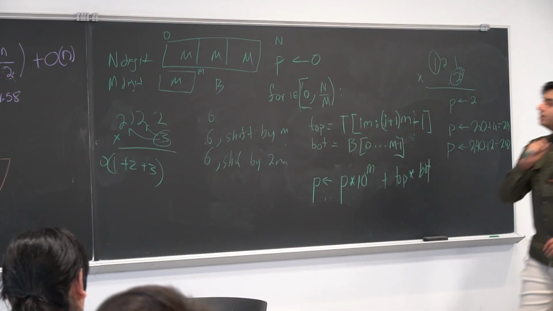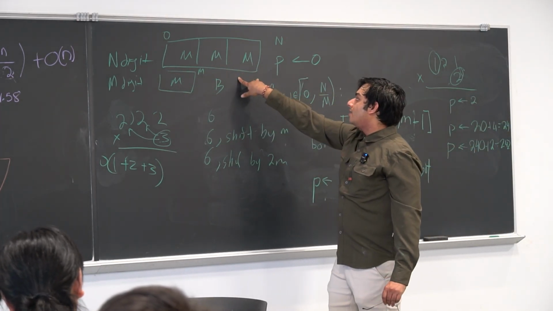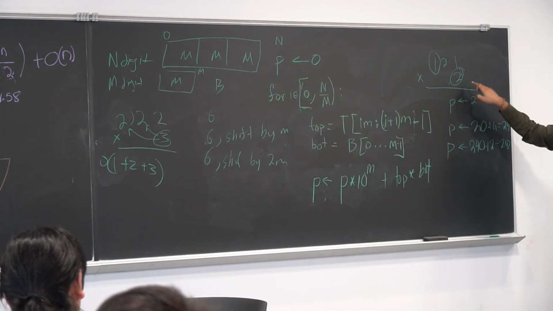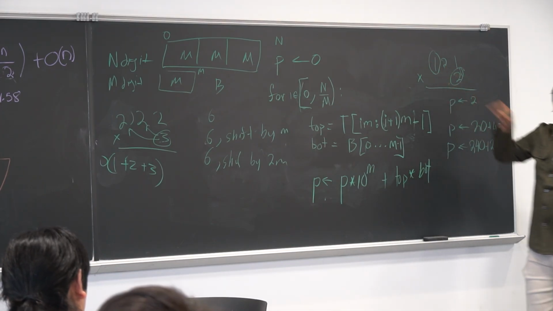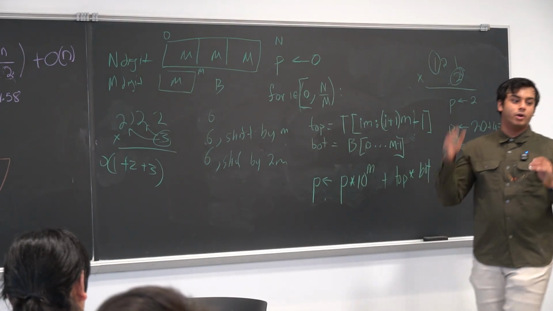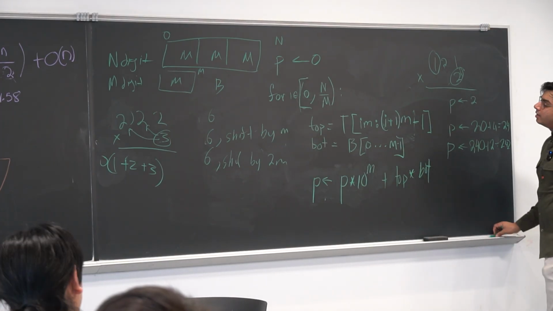If I had decided to iterate this way, then this would not get shifted, this would need to get shifted by m, and this would need to get shifted by 2m, in which case the index would matter. However, shifting takes time. It's not a free operation. So that would be an additional order 1 plus order m plus order 2m work added. If you do it this way, you're skipping all of that. Does that make sense?